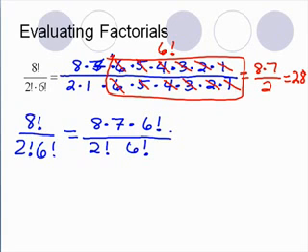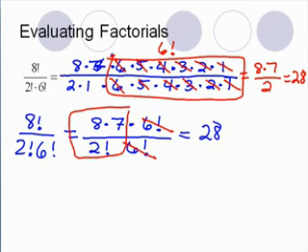And then you can see your 6 factorials cancel out, and again you're left with 8 times 7 over 2, which is just 28 once again.